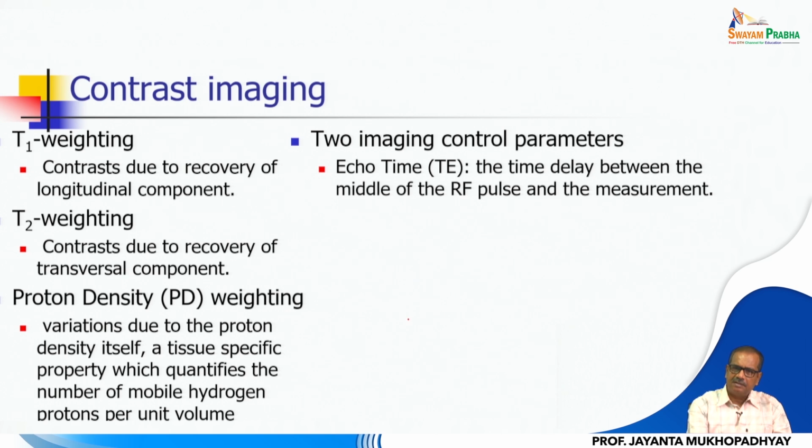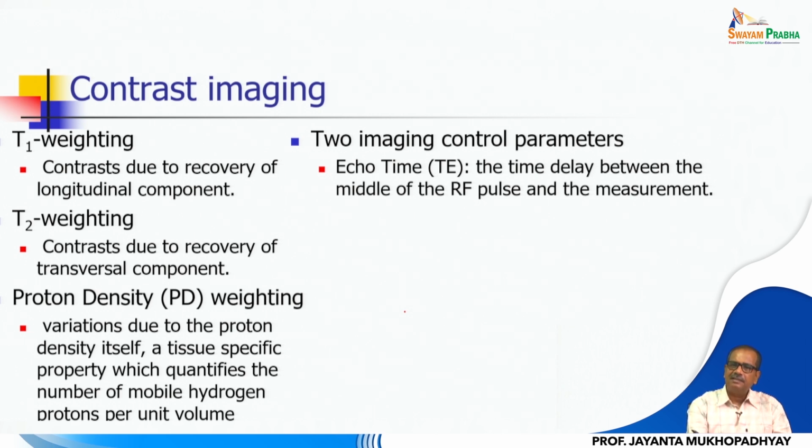When you excite a tissue with the magnetic field, the net magnetization goes from the longitudinal component to the transversal component. That is the excitation. Then after excitation you withdraw it and then you measure.